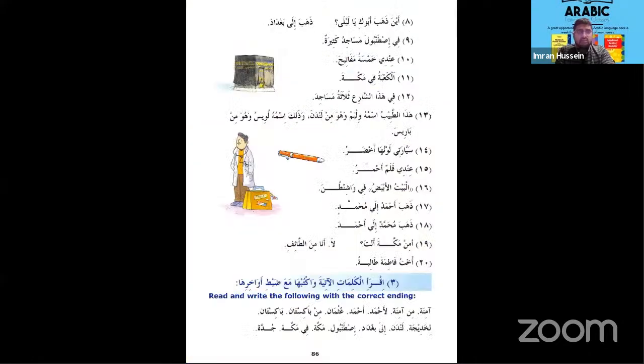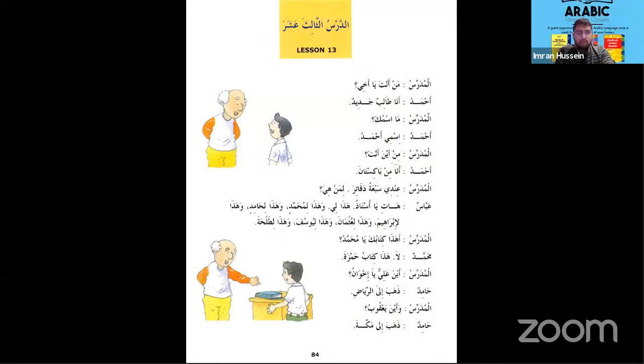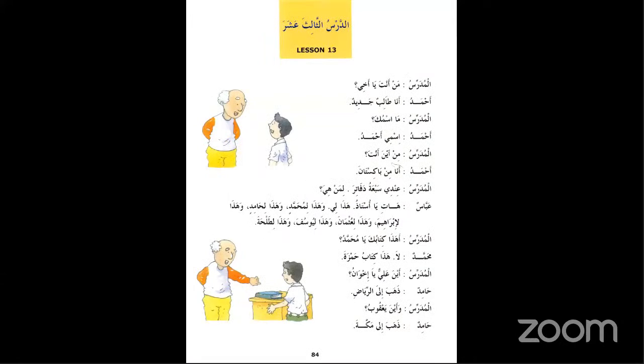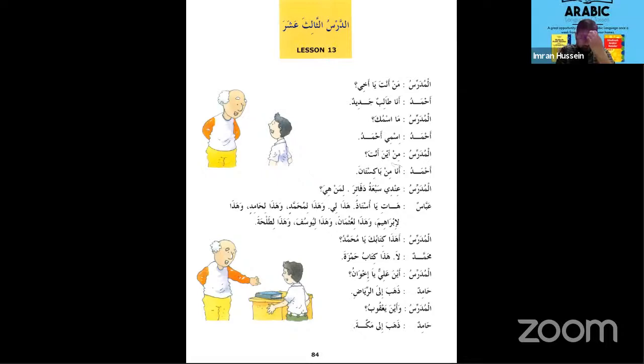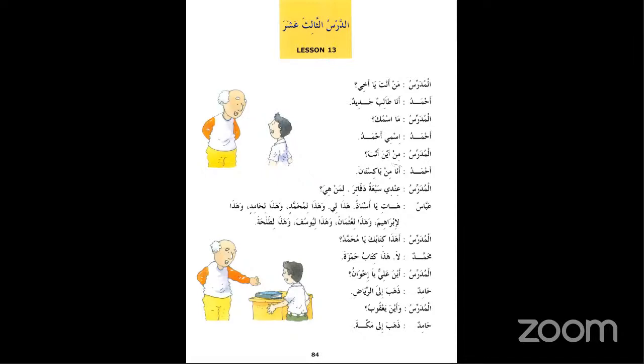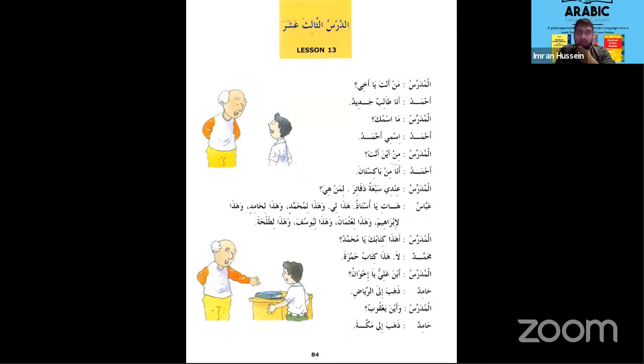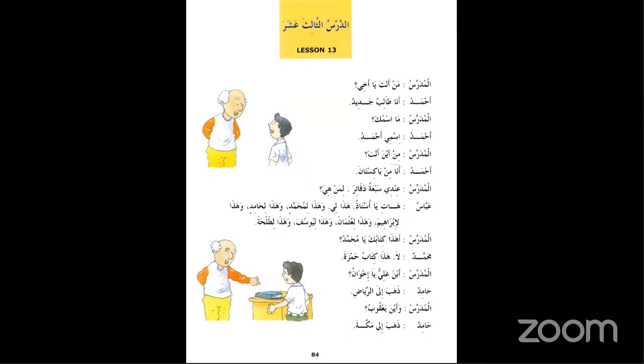Where are we? Al-Mudarris. Aina Aliyun ya Ikhwanun. Where is Ali, oh brothers? He went to Riyadh. Correct.